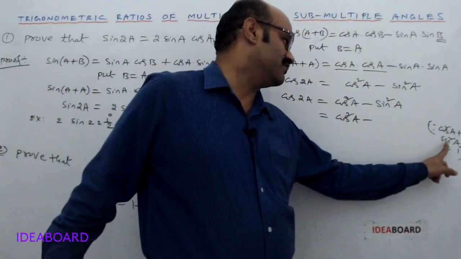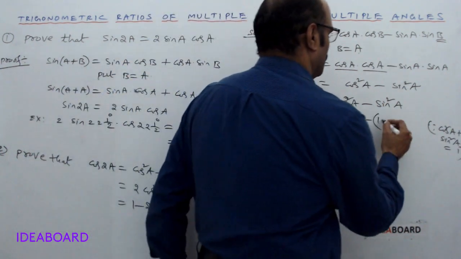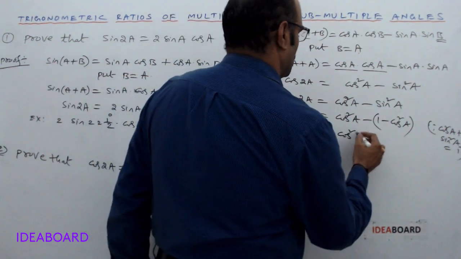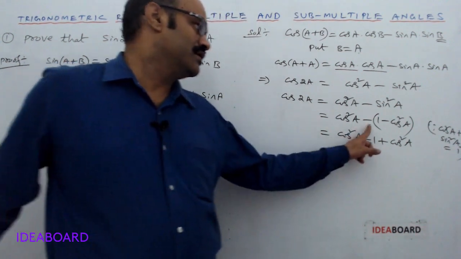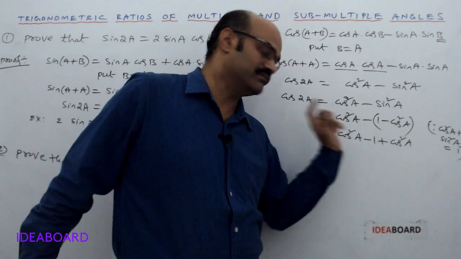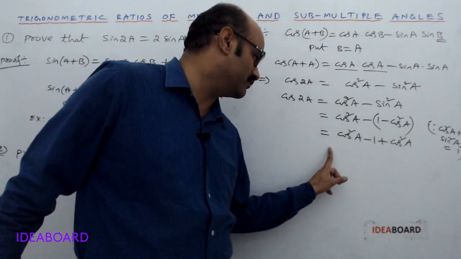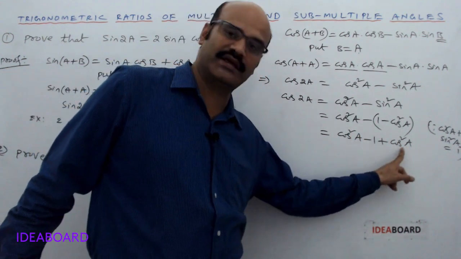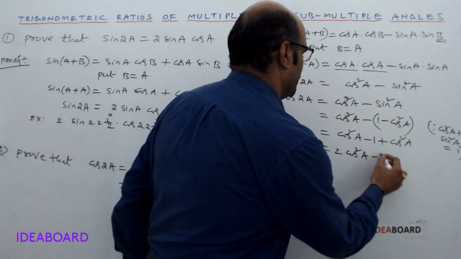From this sin square A equal to 1 minus cos square A. So cos square A minus of 1 minus cos square A equal to cos square A minus 1 plus cos square A. Now cos square A plus cos square A equal to 2 cos square A. So 2 cos square A minus 1.